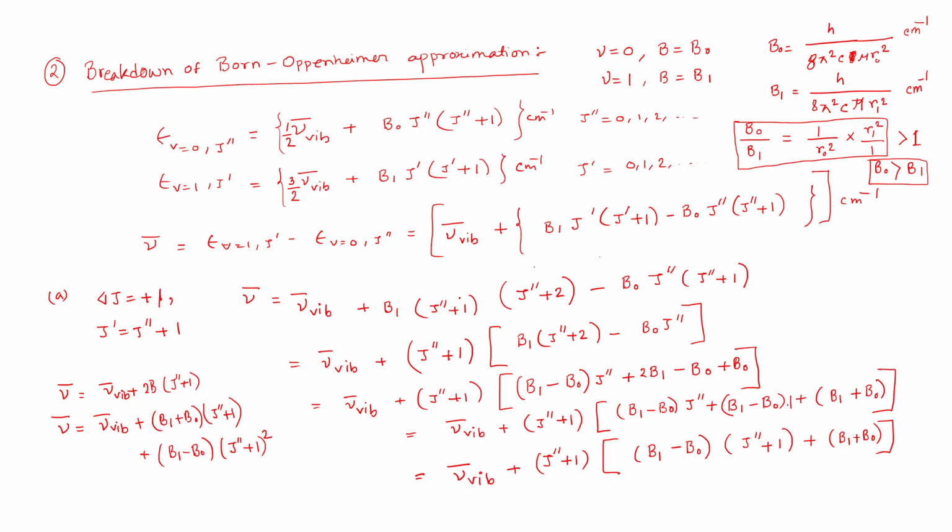So no matter what the J or whatever the constant is, this part is always going to be a negative thing, because J prime plus 1 whole square is always a positive number, and B1 minus B0 is always going to give you something negative. So this is always going to be negative. You can read it in Banwell's.